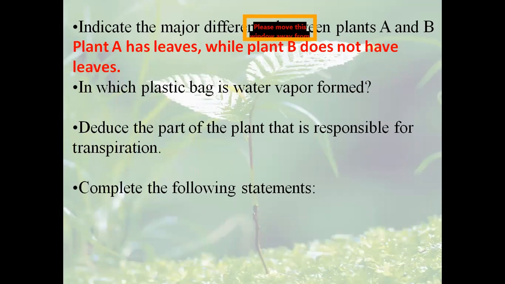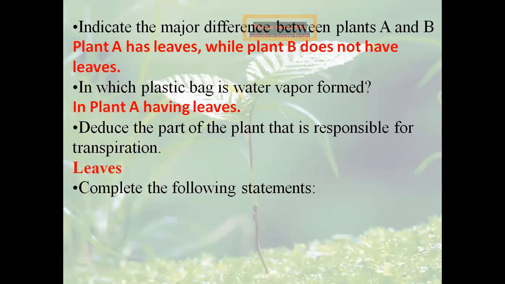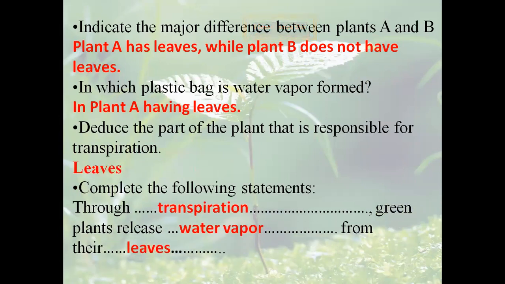In the plastic bag covering plant A, which contains the leaves. Which part of the plant is responsible for transpiration? The leaves. So through transpiration, green plants release water vapor through their leaves.